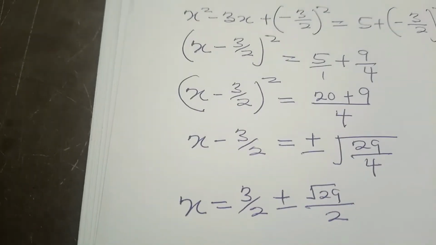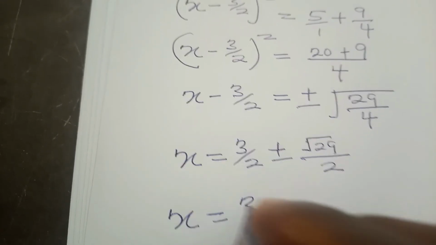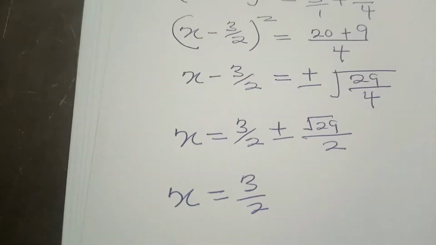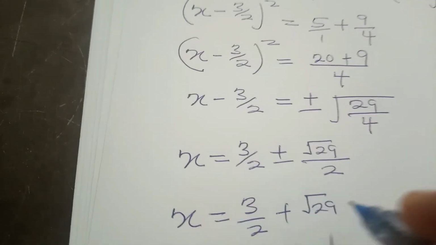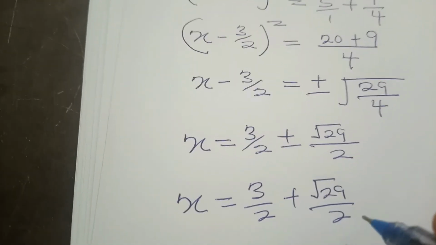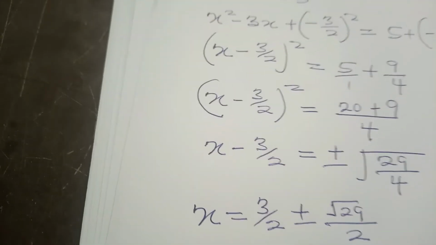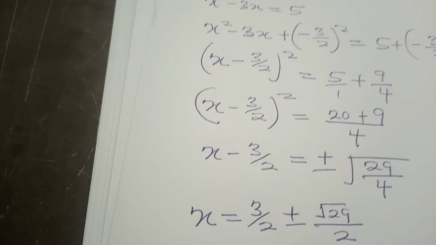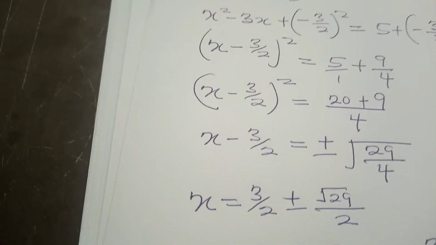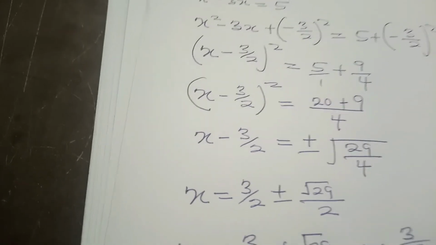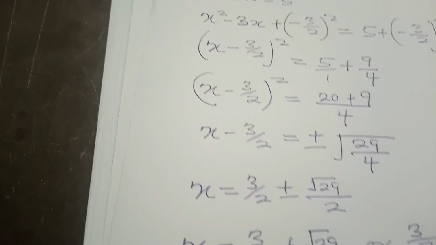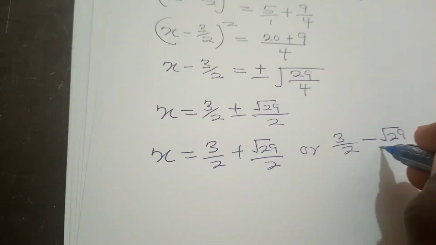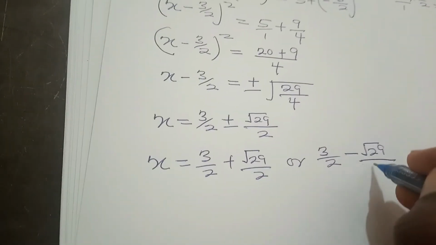Now to split them, x will become 3 over 2 plus square root of 29 over 2, or 3 over 2 minus square root of 29 over 2.